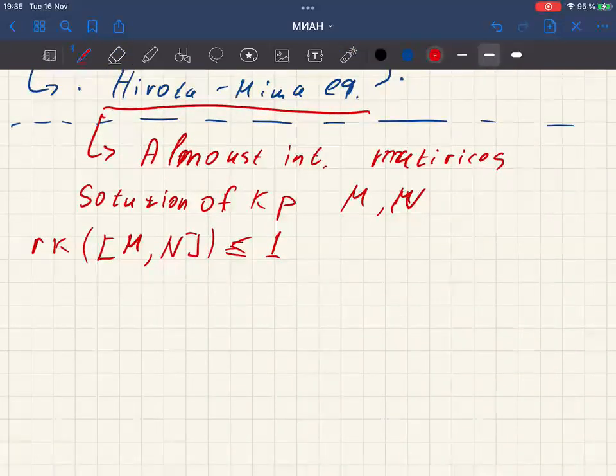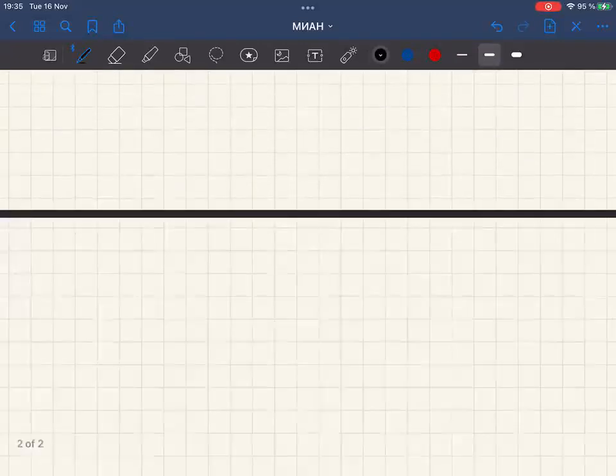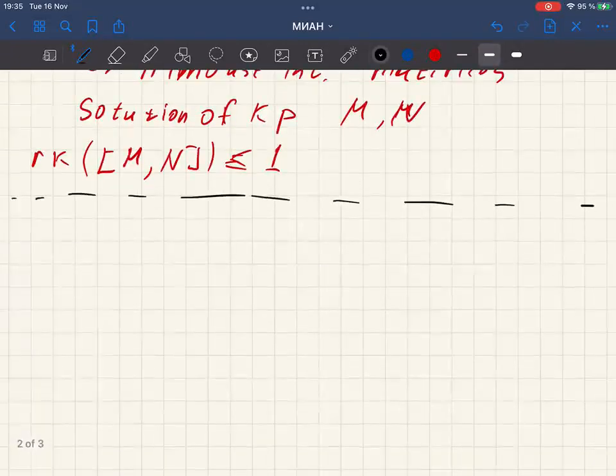Okay, now in order not to bore everybody, let me introduce an interesting way to look at the Kappa equation.